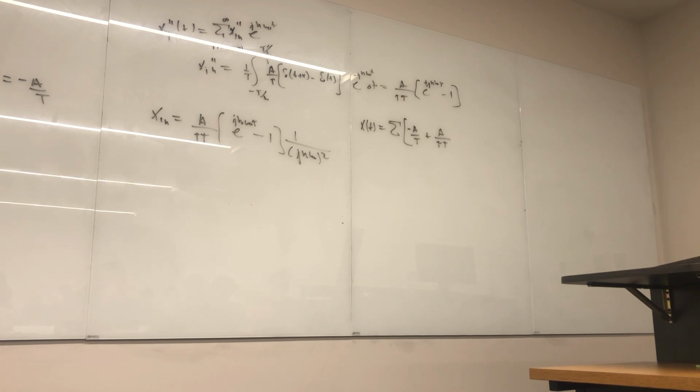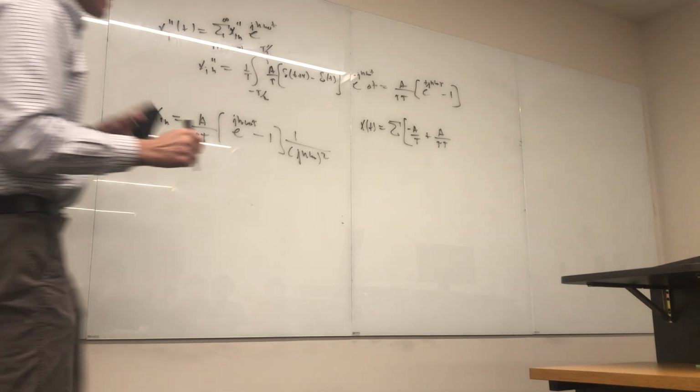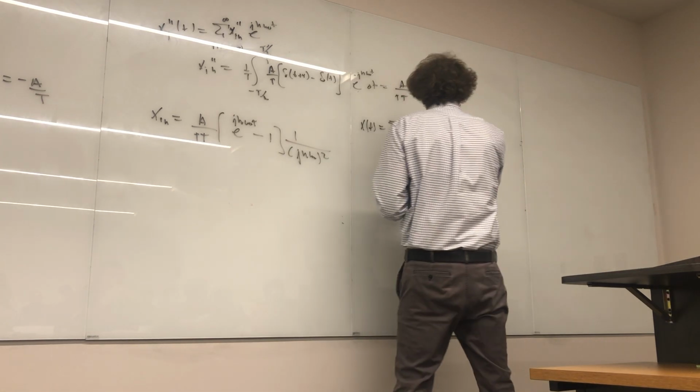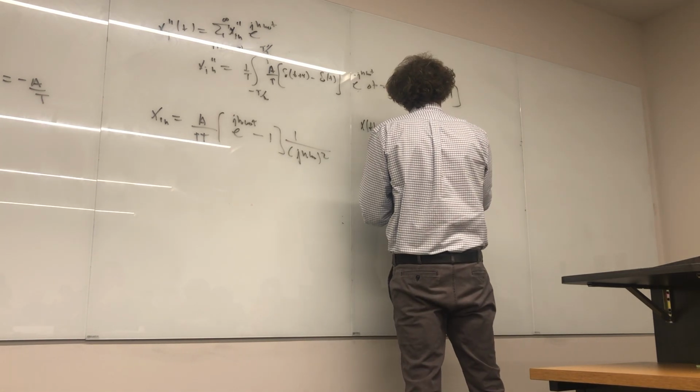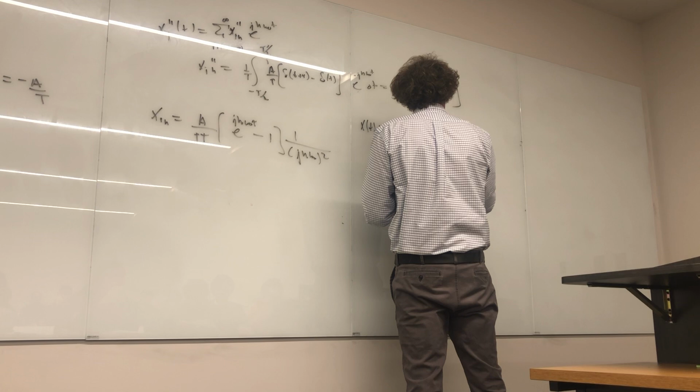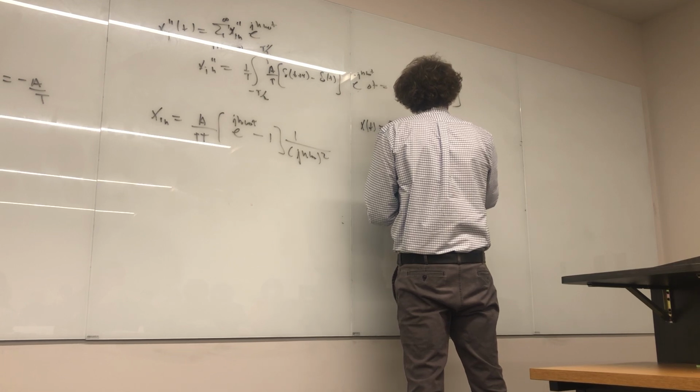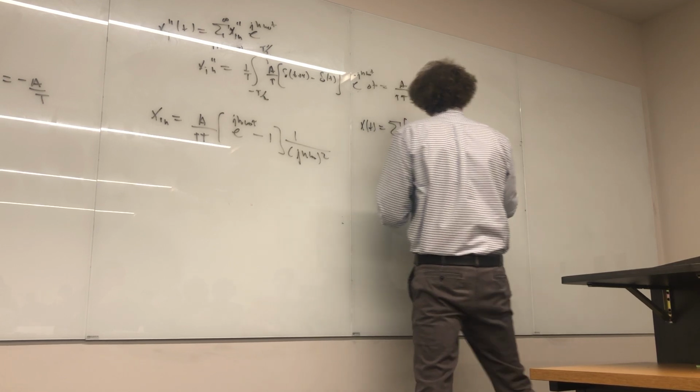I didn't divide this by j n omega naught, sorry. That was my mistake. That should be divided by j n omega naught. Plus a over tau T.